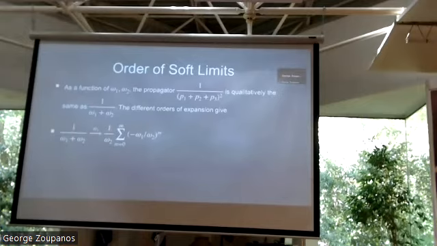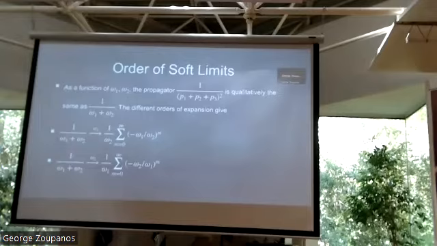I wrote down the expression before. It's a little messy looking to digest in a few seconds, so it's qualitatively the same as just 1 over omega 1 plus omega 2 for this purpose. If we expand that, then it's a geometric series basically. And this only has positive powers of omega 1, whereas this only has negative powers of omega 1. So you get very different expansions when you take the different orders.